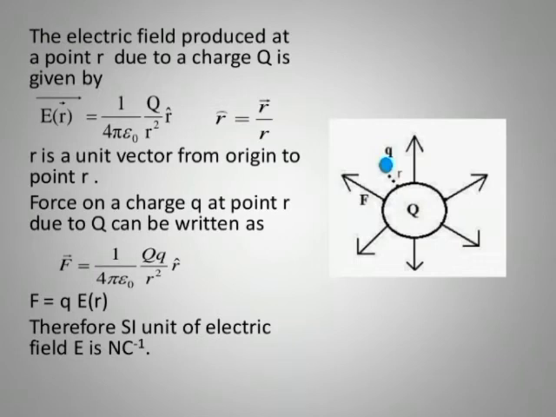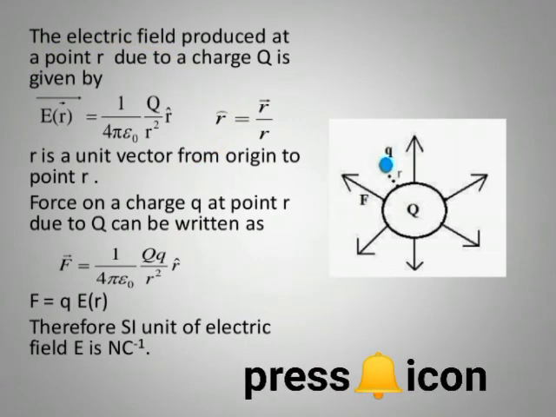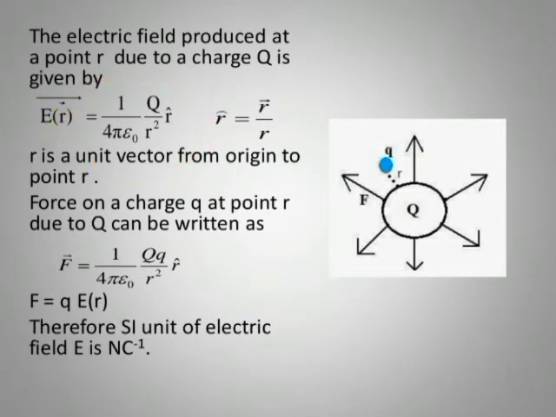So what is the equation given for the electric field? The charge capital Q is producing, that is 1 divided by 4 pi epsilon naught, only capital Q you're considering now. Why only capital Q?